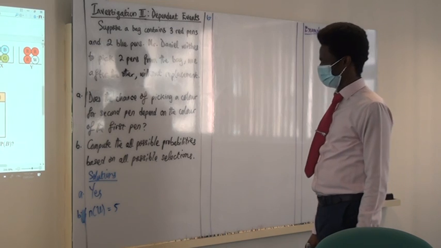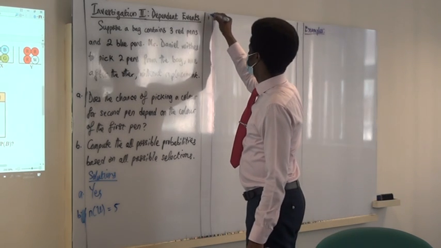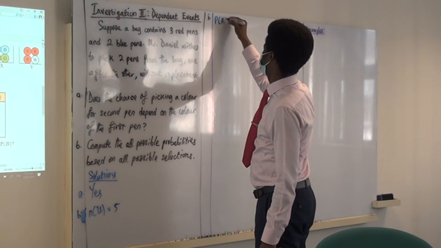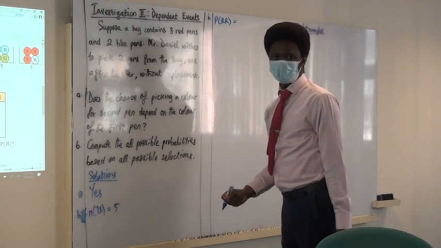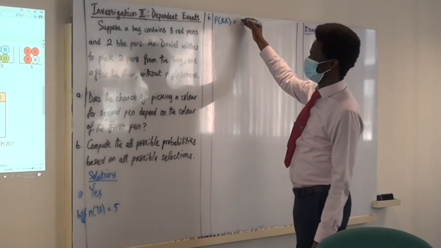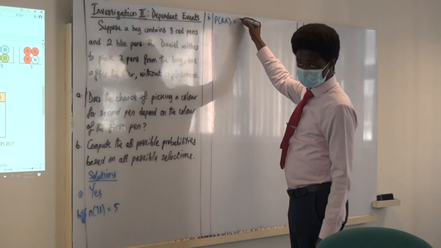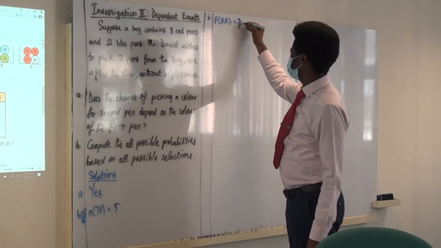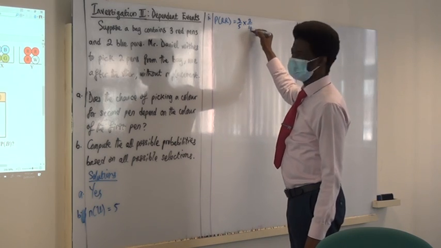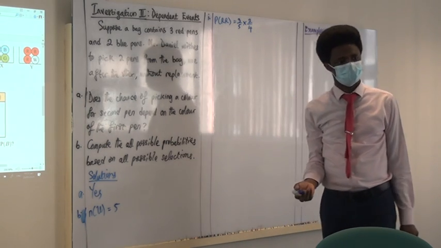So we want to pick 2 pens. One, if I want to pick 2 red, the first is red and the second is red. Because I do not replace, what is my chance of picking the first red? 3 over 5, and the second being red, 2 over 4, because I do not replace.